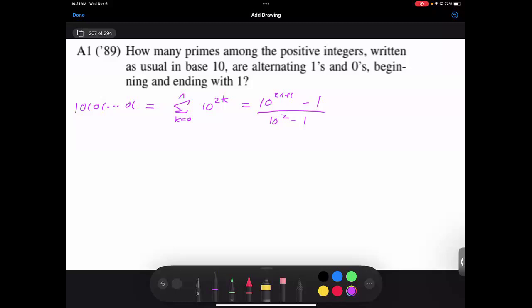Okay, well, what do we know? Have I made a mistake? This is how you would factor it, right? This is how you would execute the sum.